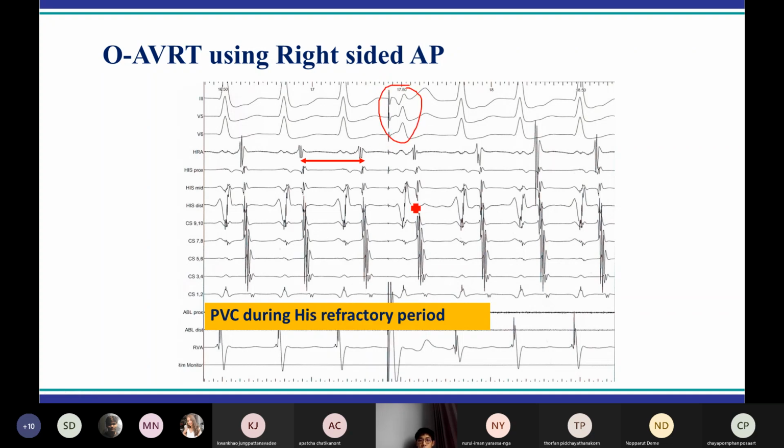You can see that the A to A interval here is longer than the A to A here, because this A has the effect of the PVC. The PVC can go up and activate the A, then it advances the AA to shorter than the previous beat. So this patient has an accessory pathway.